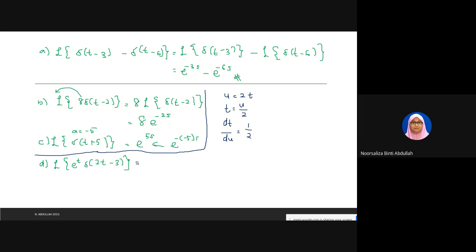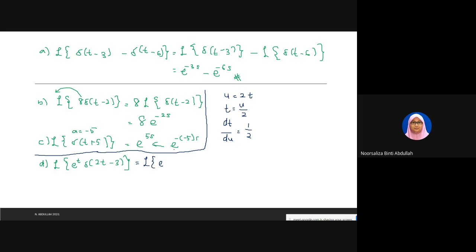Now for the Laplace of e^t delta(2t minus 3), this t we want to change to u, and this one also we have to change to u.